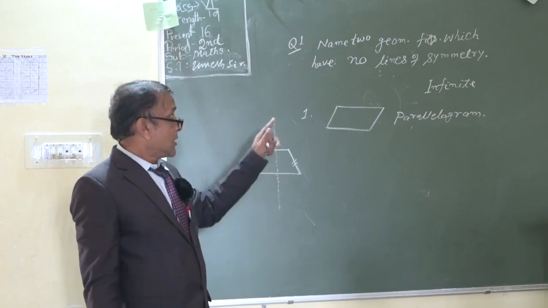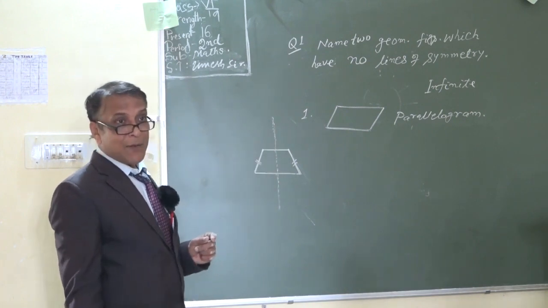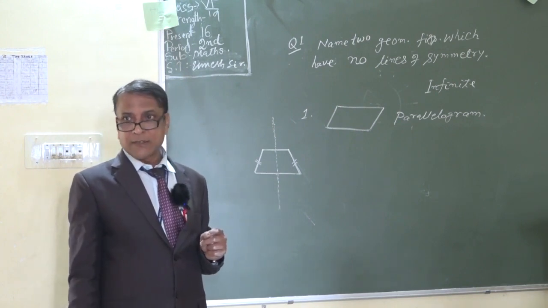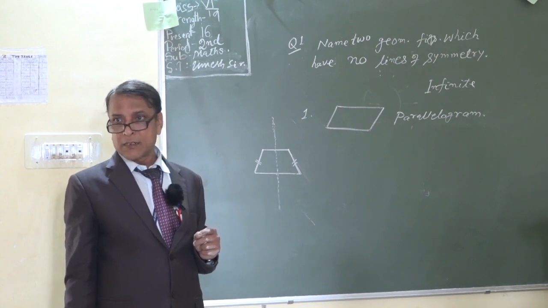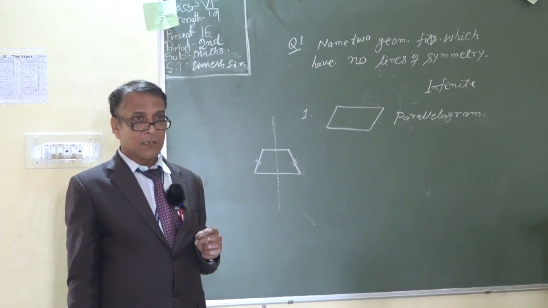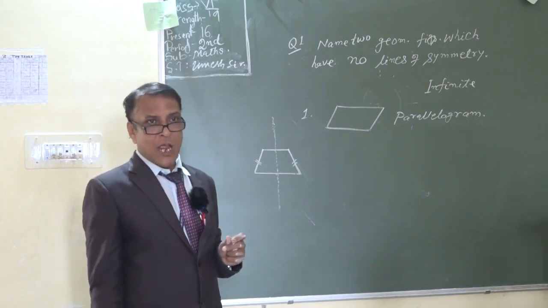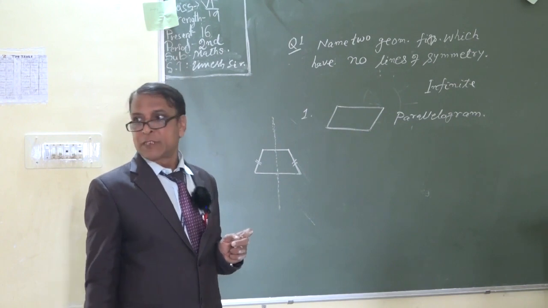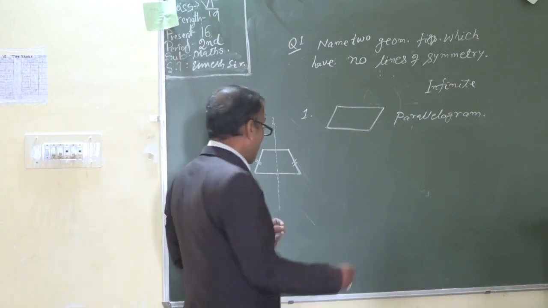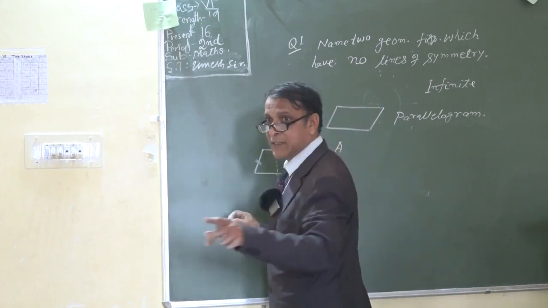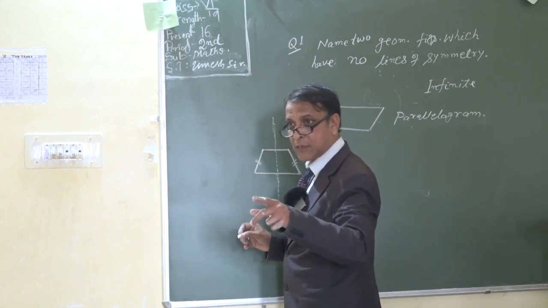But another geometrical figure which has no lines of symmetry, who can say? Devaranjan? Come on. Cylinder, no. Cylinder is not a plane figure. I am saying about plane figures. Cylinder is just a solid. And for a cylinder, symmetrical planes will be there. Cone?